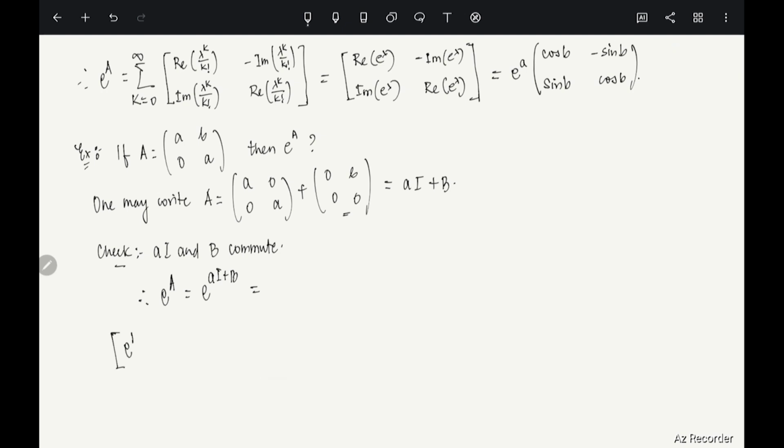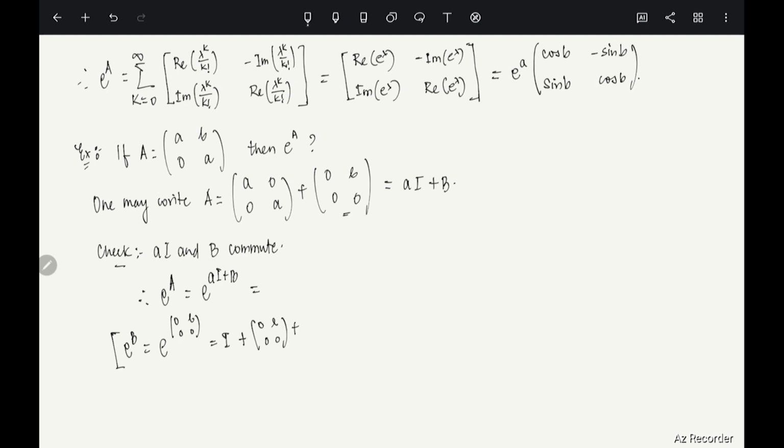E to the power B is nothing but e to the power 0B, 0, 0. This is a matrix. Now see, it is identity plus the matrix 0B, 0, 0, plus now B square, the term B square, that is going to be 0.